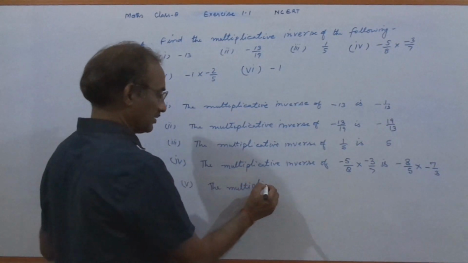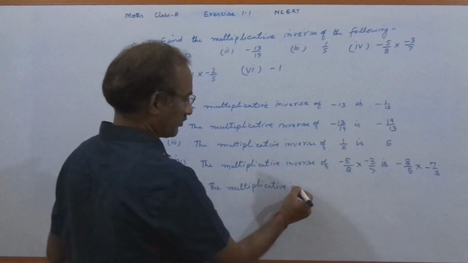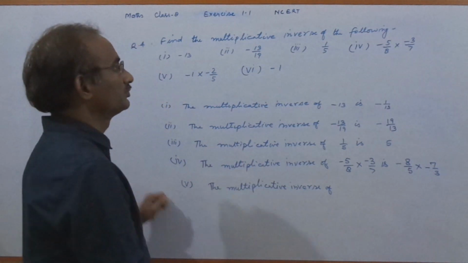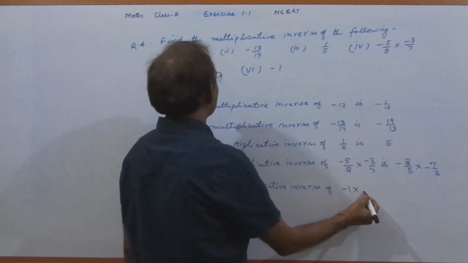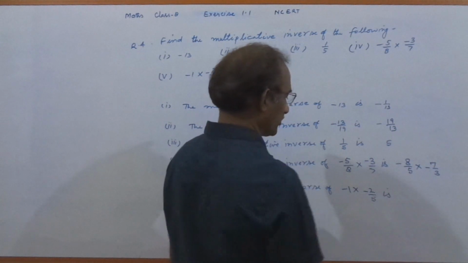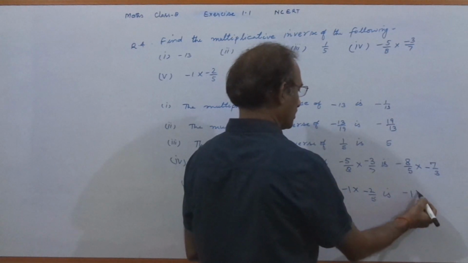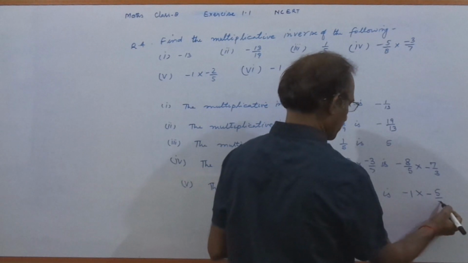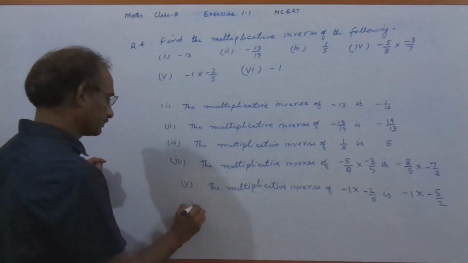Now question 5. The multiplicative inverse of minus 1 into minus 2 upon 5 is the reciprocal of minus 1, which is minus 1, and minus 2 upon 5, it is minus 5 upon 2. 6.